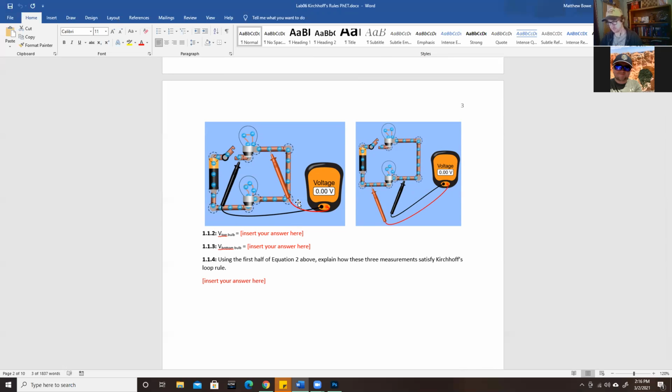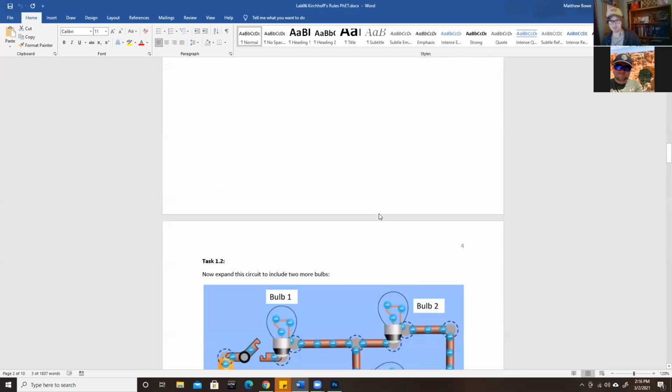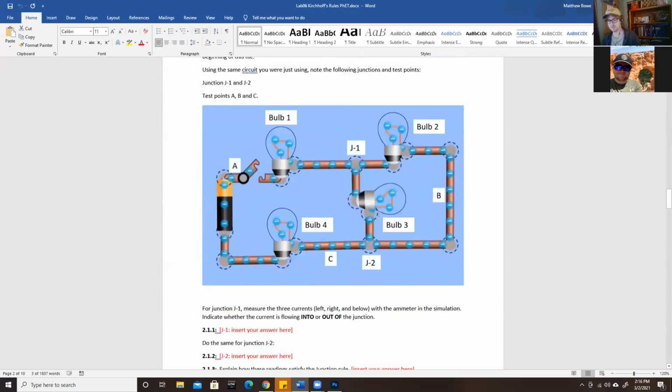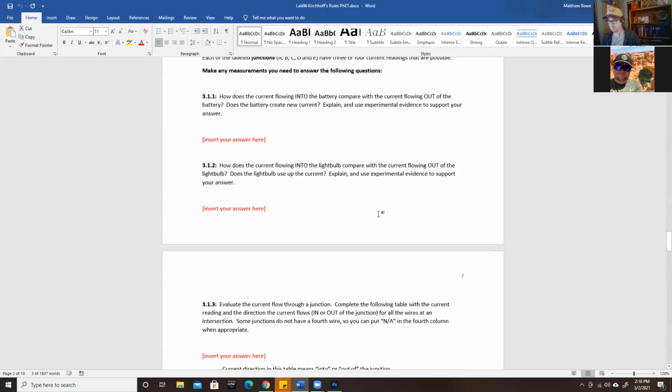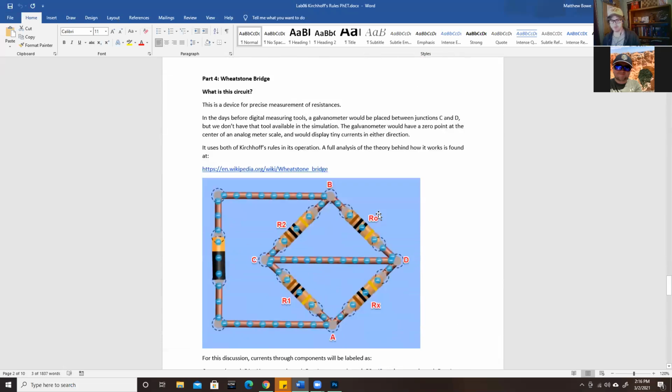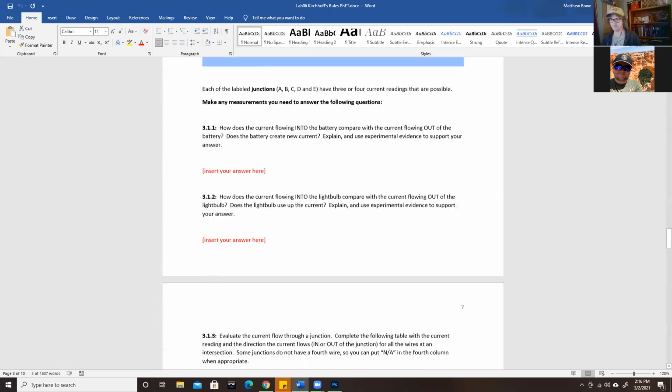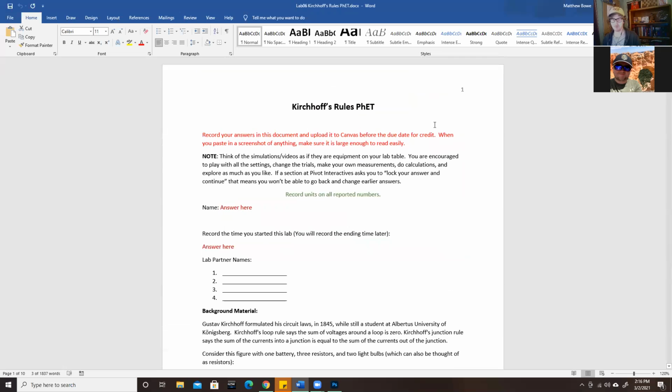I'm just going to say whoever wants to stick around and work on it, I'm going to be here the whole time to help you out. If you feel confident enough to do all of these measurements on your own, that's also perfectly fine. But I do always suggest people stick around and work on it.